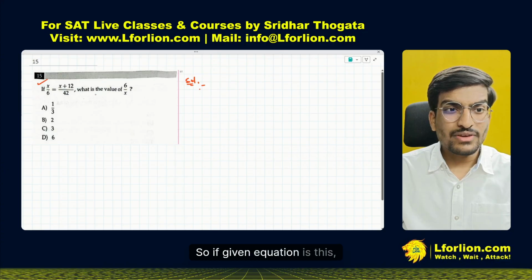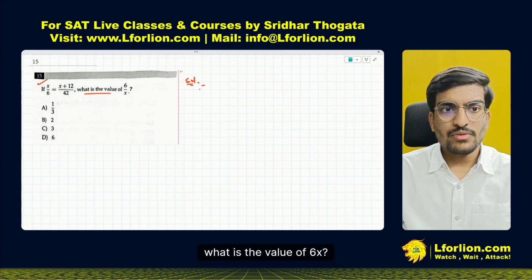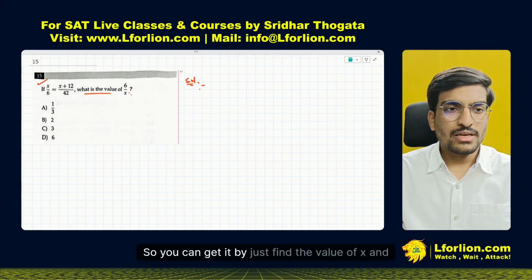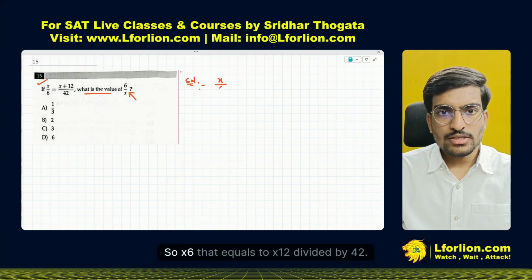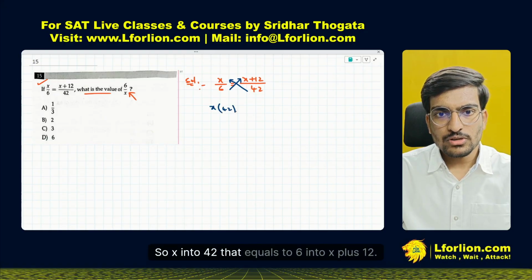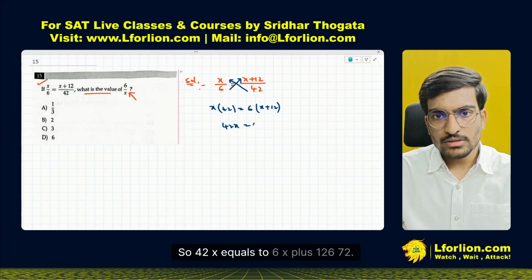So if the given equation is this, what is the value of 6 by x? You can get it by just finding the value of x and then substituting it here. So x by 6 equals (x plus 12) divided by 42. So the only option left is just cross multiply. So x into 42 equals 6 into (x plus 12). So 42x equals 6x plus 72.